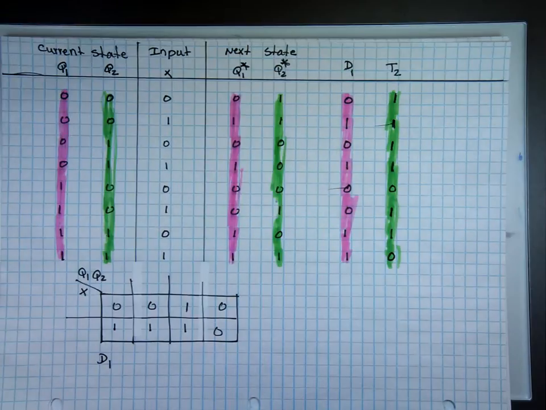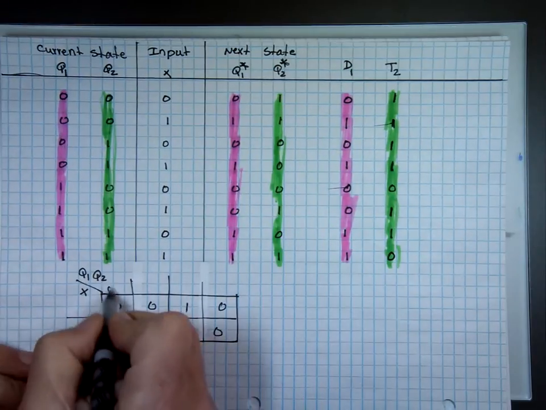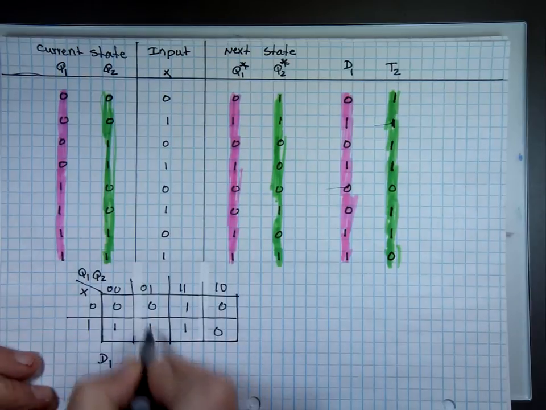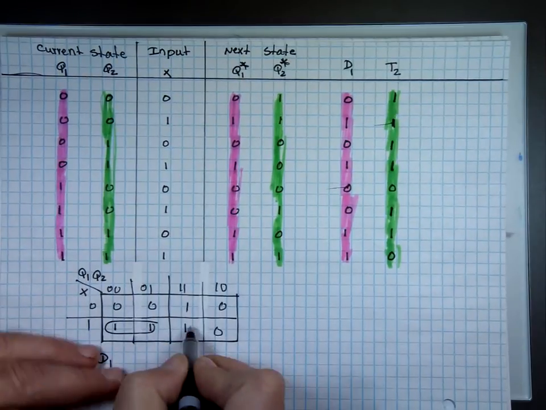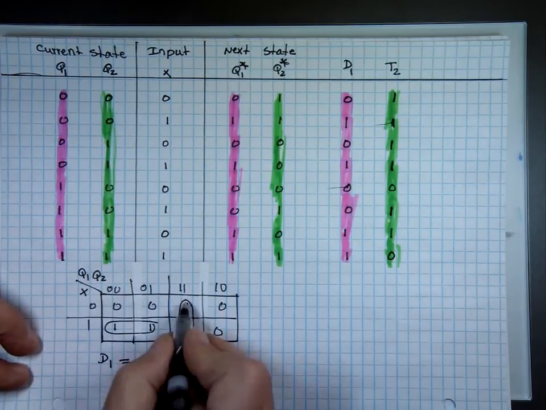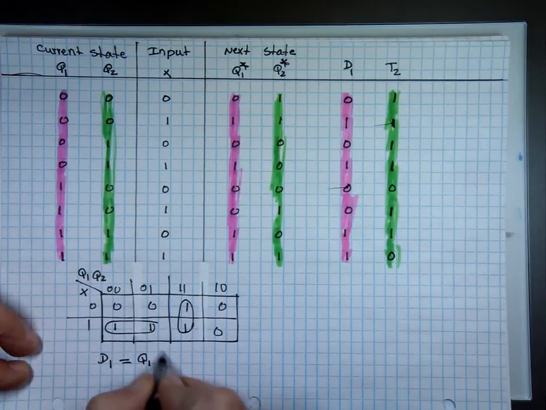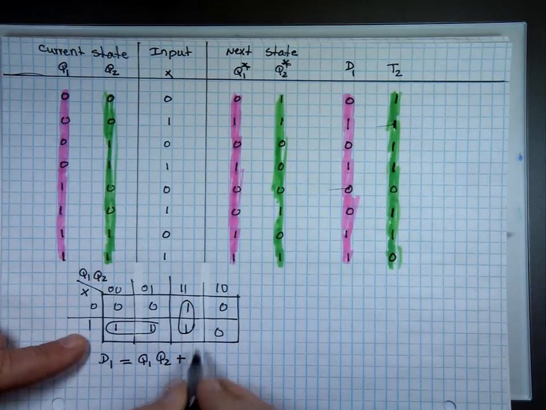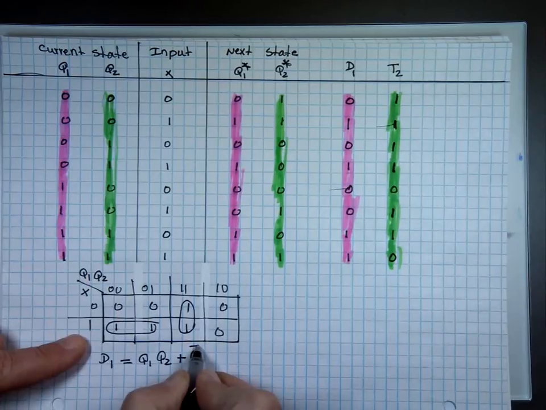That's easy to read. Group this one, group that one. D1 is going to be Q1, Q2, or Q1 naught, and X.